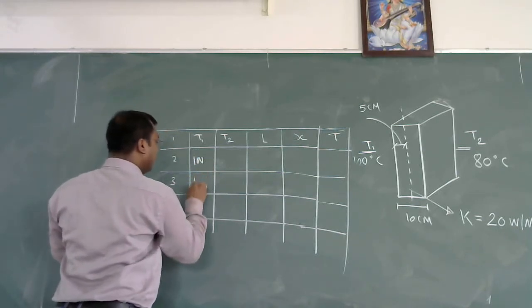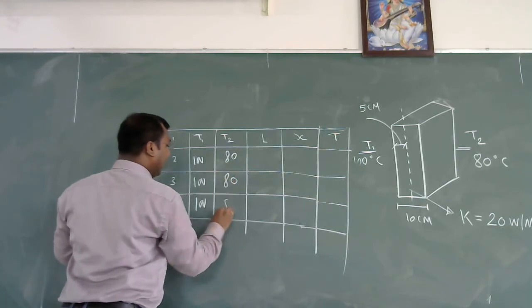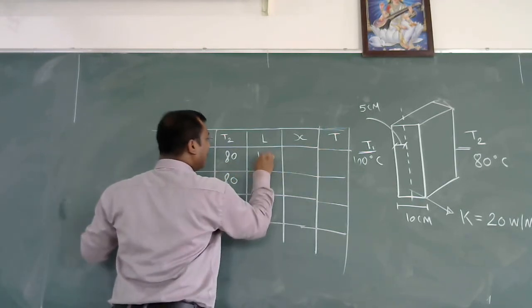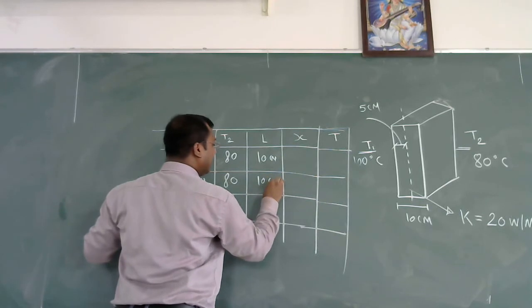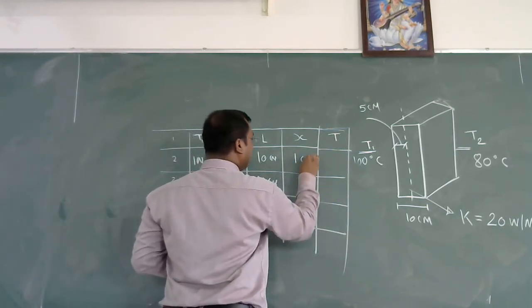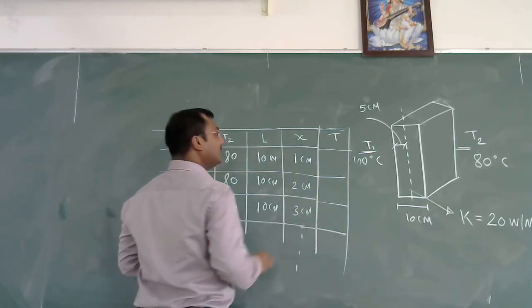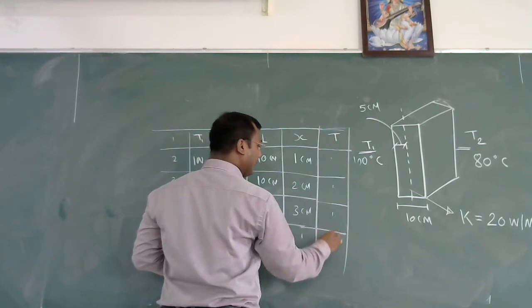Say for example 100, 100, 100. These values will be 80, 80, and 80. This value will again be constant, 10 centimeter, 10 centimeter, and 10 centimeter. The value of x I am changing. Say I am interested to find 1 centimeter, 2 centimeter, 3 centimeter, and so on. Based on that, I will get the different values of the temperature.